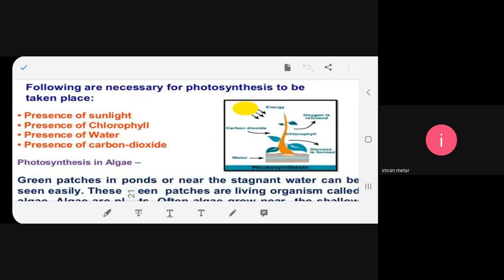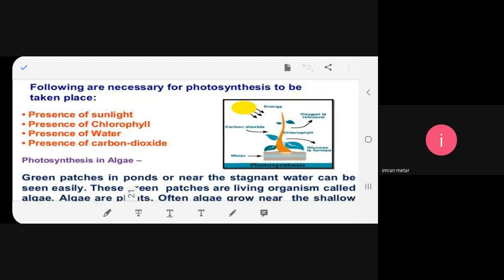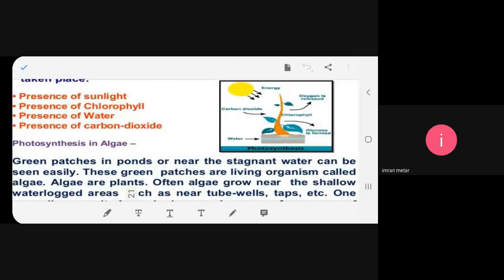Now, we'll see one by one what is very important for photosynthesis to happen. Let's go one by one. Please read, beta. Start reading. Go ahead. The following are necessary for photosynthesis to take place. Presence of sunlight.